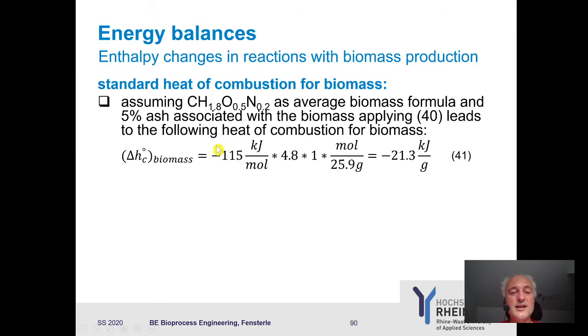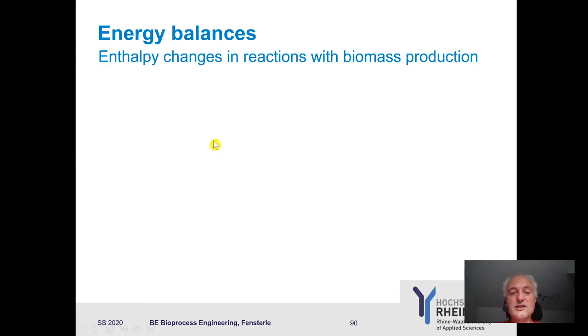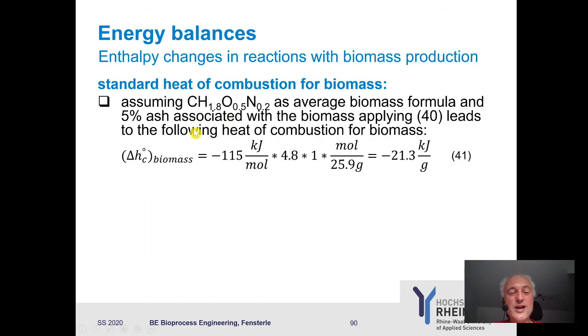So we just take this formula here. I have my minus 115 kilojoules per mole times the degree of reduction. Of course, that is what we calculate out of that, 4.8 times 1, because it's 1 carbon.